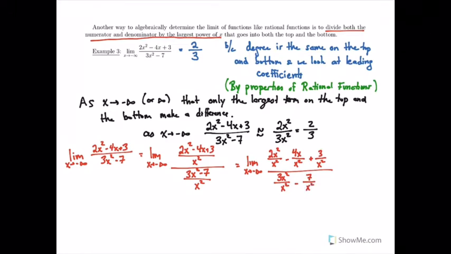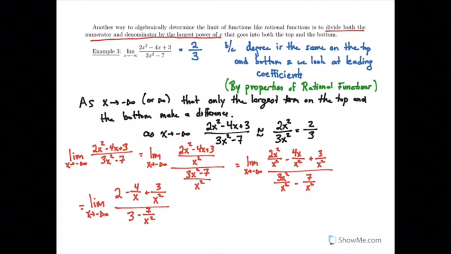And in each of those five fractions, or at least some of those five fractions, we can simplify very quickly, giving the limit as x approaches negative infinity. On the top, we have just a 2 minus 4 over x plus 3 over x squared. And on the bottom, 3 minus 7 over x squared, canceling out powers of x.